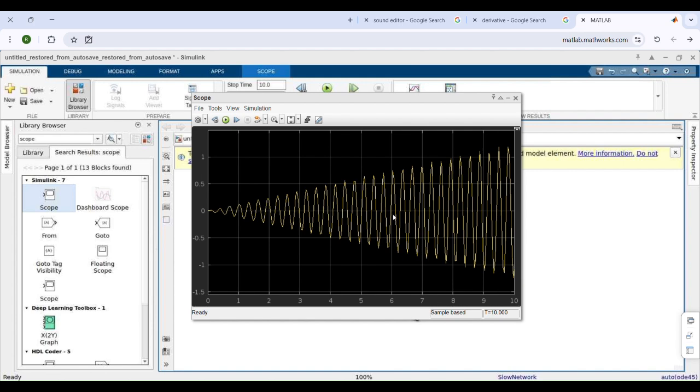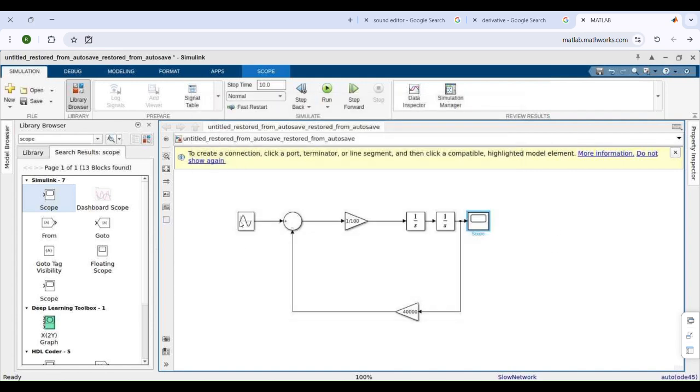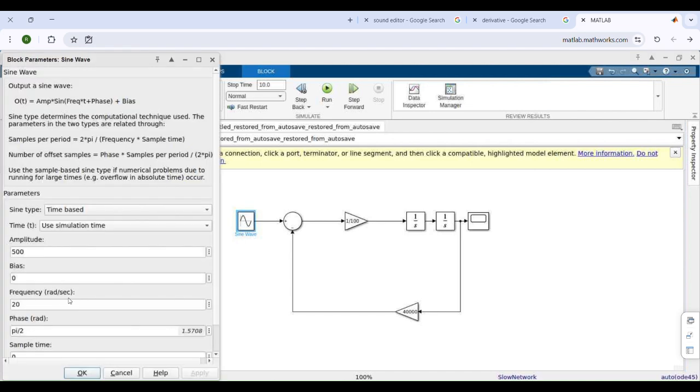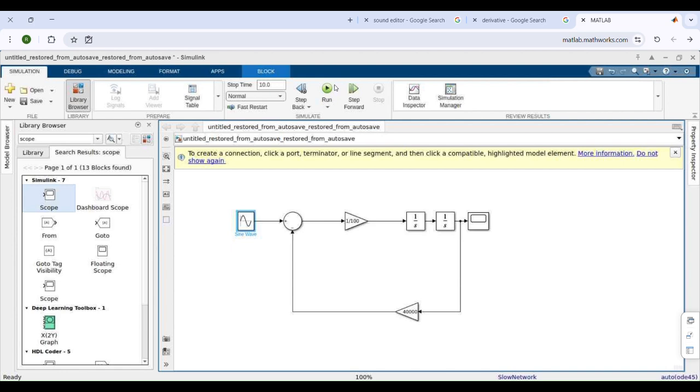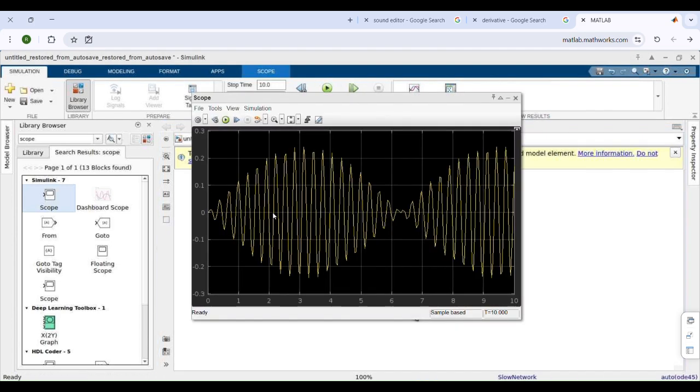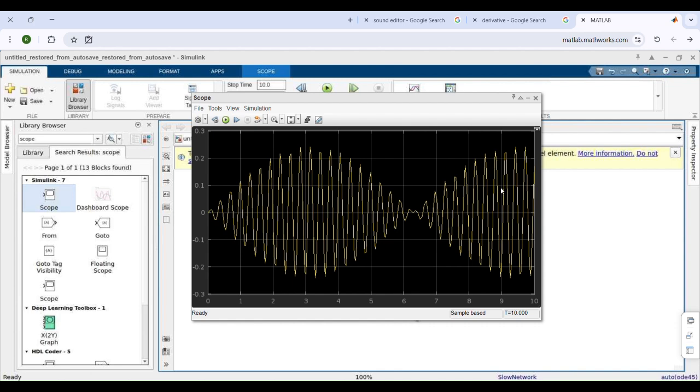Now, let's go 21. Look, the same as, or approximately the same as 19.